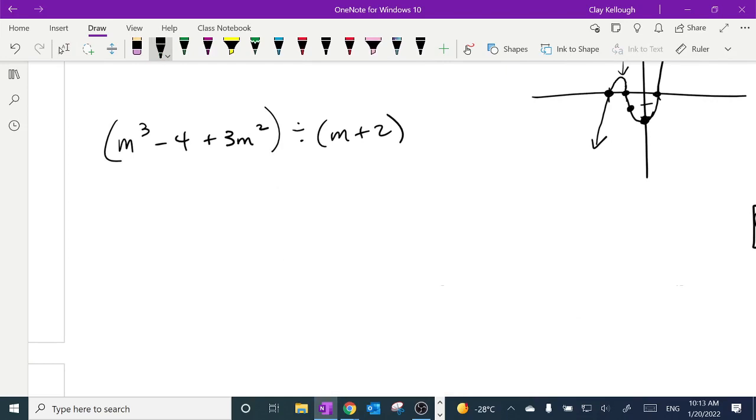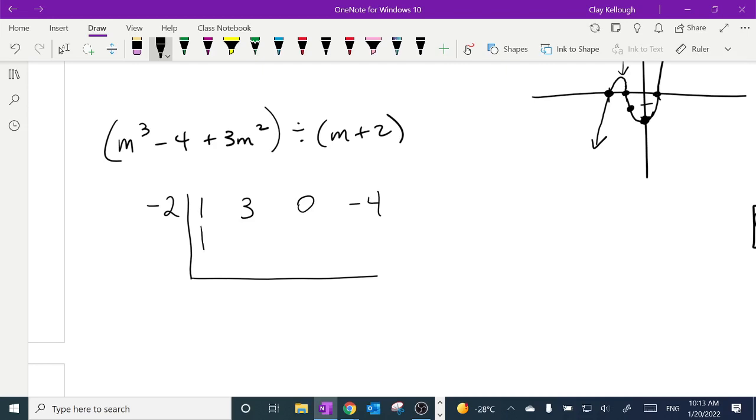All right, so what was my first step? This 2 is really a -2 when I think about it as a root. Put my coefficients in the right order. The m cubed comes first, the m squared comes second. They didn't give me an m, what do I do? Put a 0. And then the -4 is my constant.